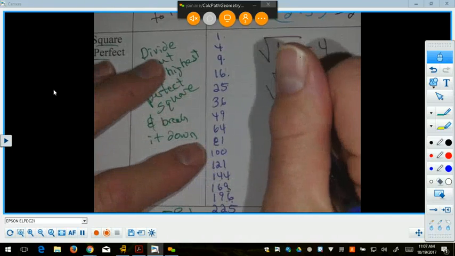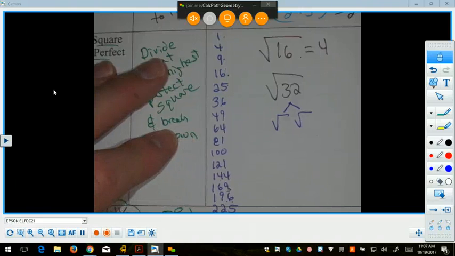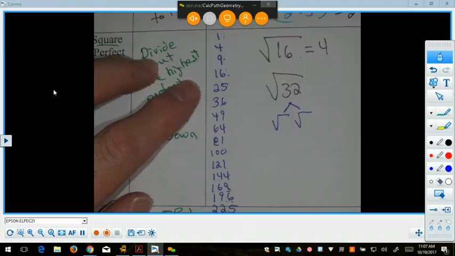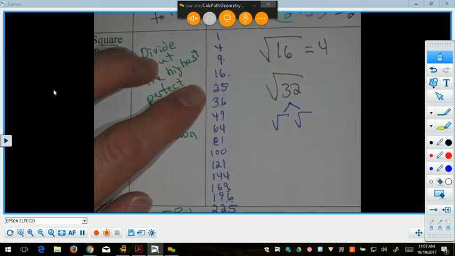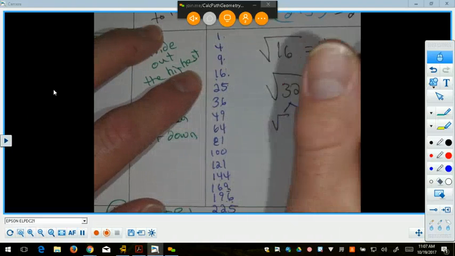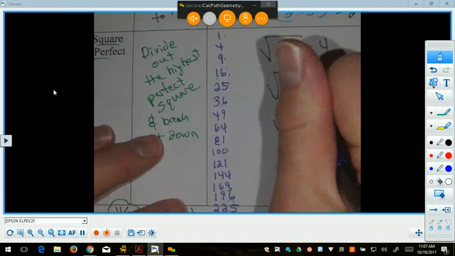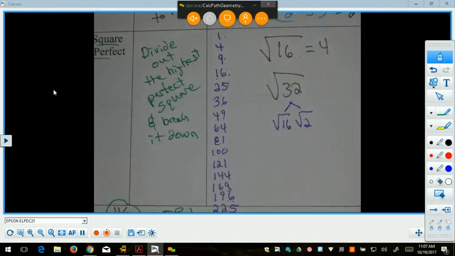Here's what I'm doing. What perfect square goes into it? 25 doesn't go into 32. 16. 16 is the largest perfect square that goes into 32. 16 times what? Times 2. I need to put them both under a radical.